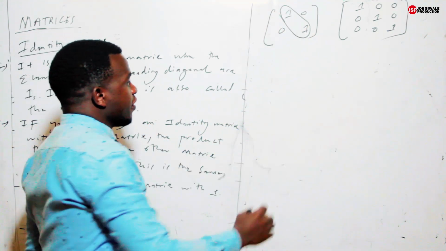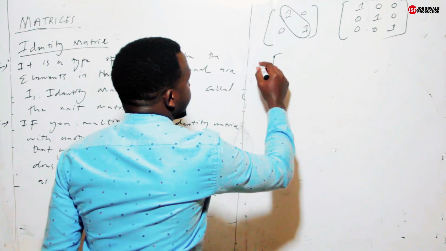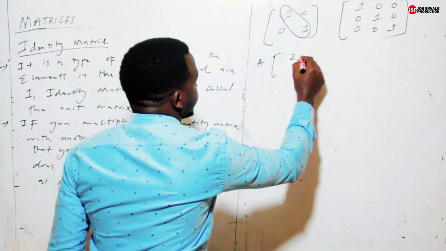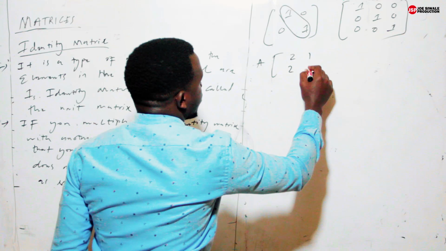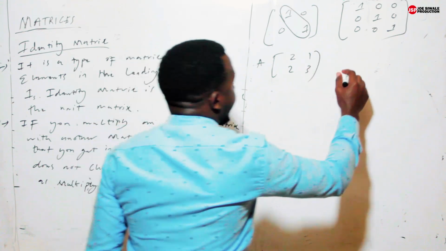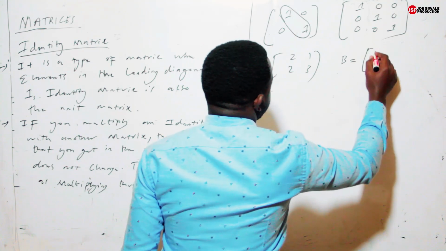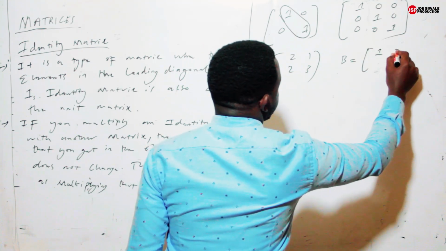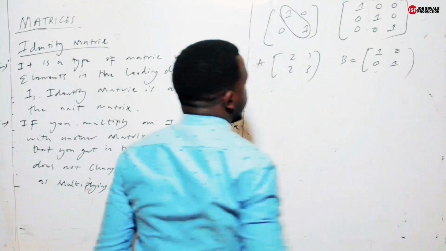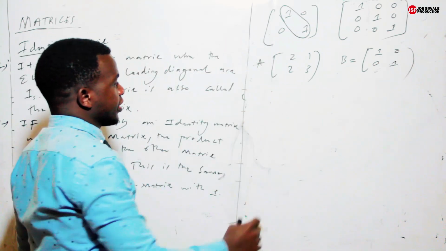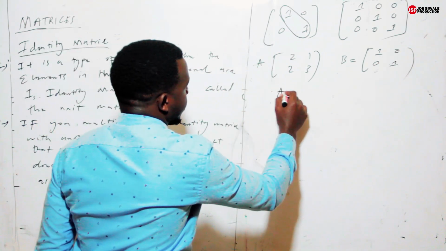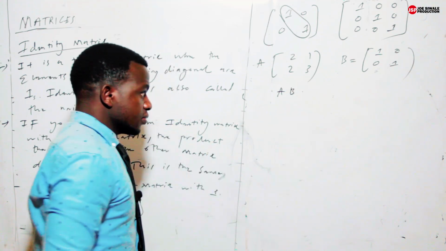So for example, if you have been told that you have matrix A, you have 2, 1, 2, 3. Then matrix B is in the form of an identity matrix, which is 1, 0, 0, 1. And you have been told, can you calculate matrix AB?